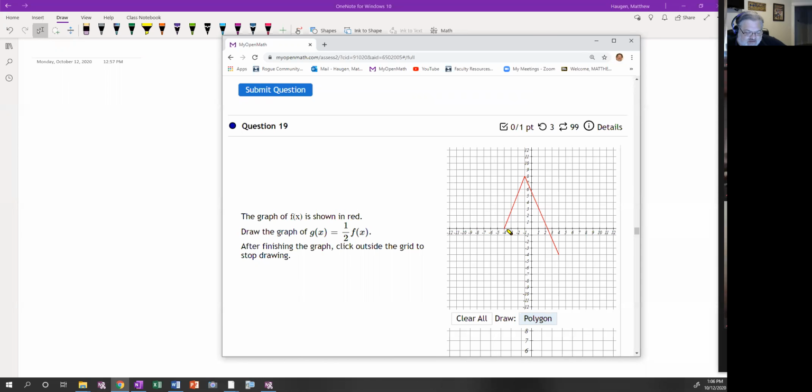Okay. The point here at -4 is 0. Well, 1/2 of 0 is 0. So we're going to go from there to there. That takes all those points and just takes their y values and halves them. Fair?